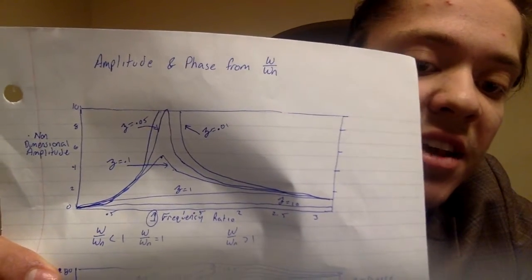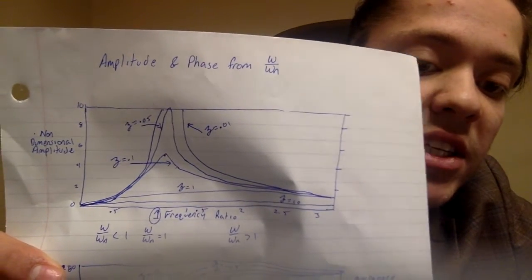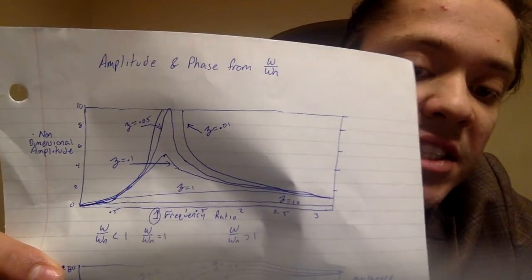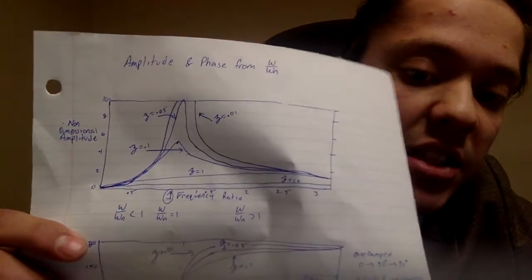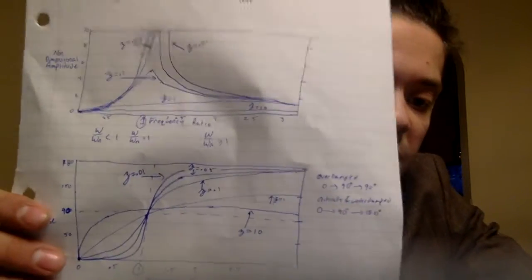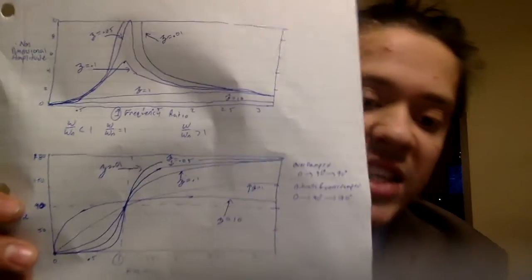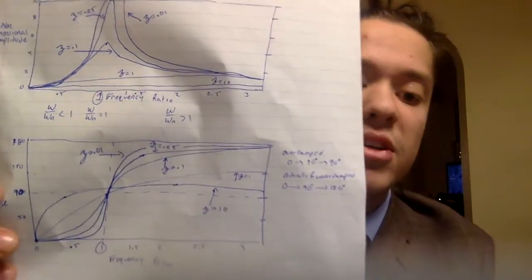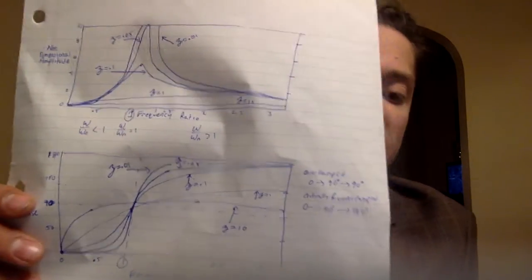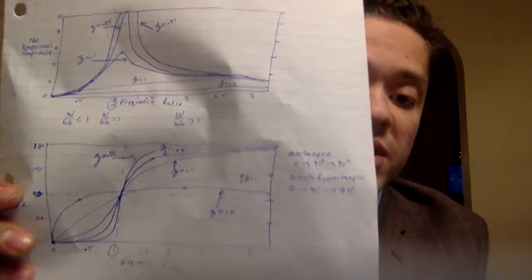And you can see that lower than the natural frequency, the amplitude decreases, as well as above the natural frequency, the amplitude decreases. And if you look at the phase of the graphs, you see that with less damping coefficient, you have steeper transitions from 0 to 90 degrees as it approaches that natural frequency.